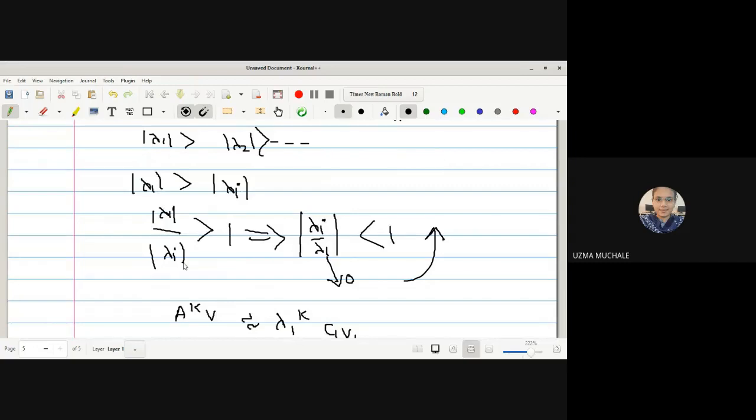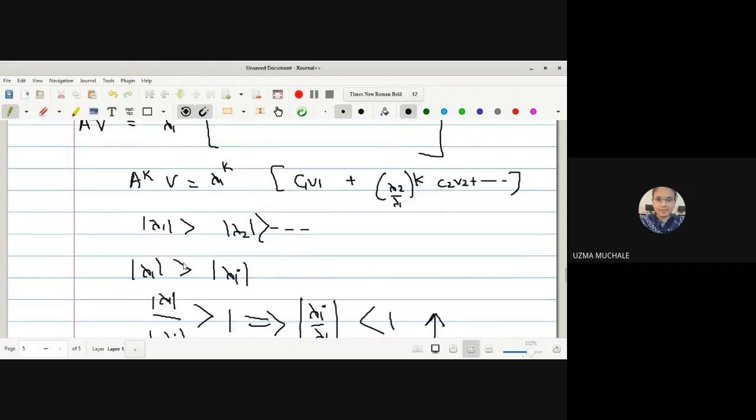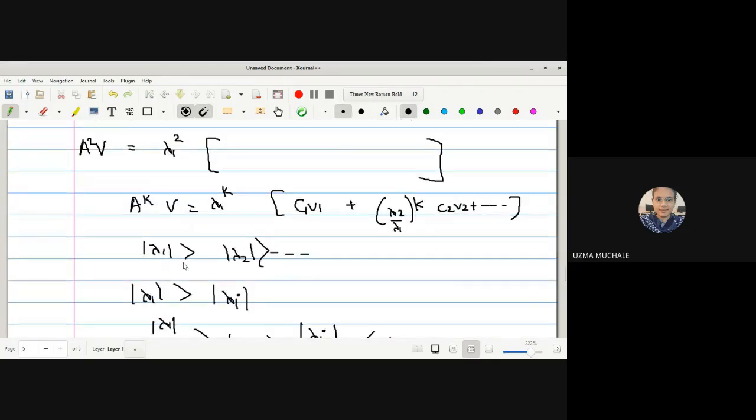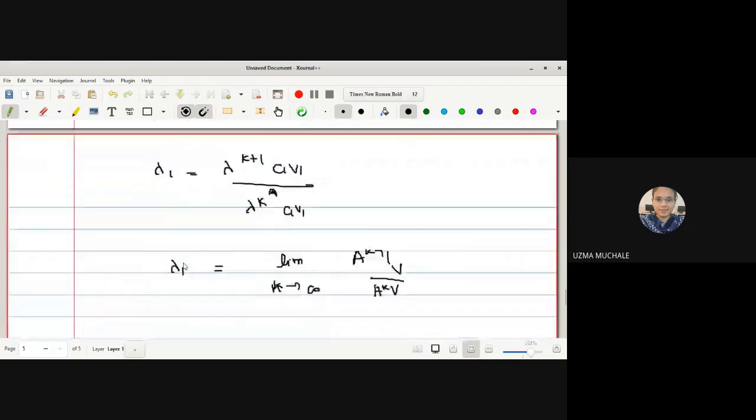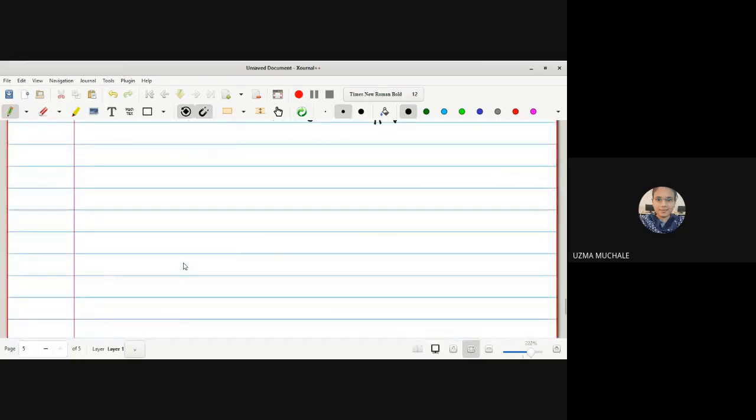No doubt, I understand that you will not get it directly from this method. We'll solve one example so that you will have a clear idea of what the power method for eigenvalues is. Let us solve an example: find the largest eigenvalue corresponding to the eigenvector.